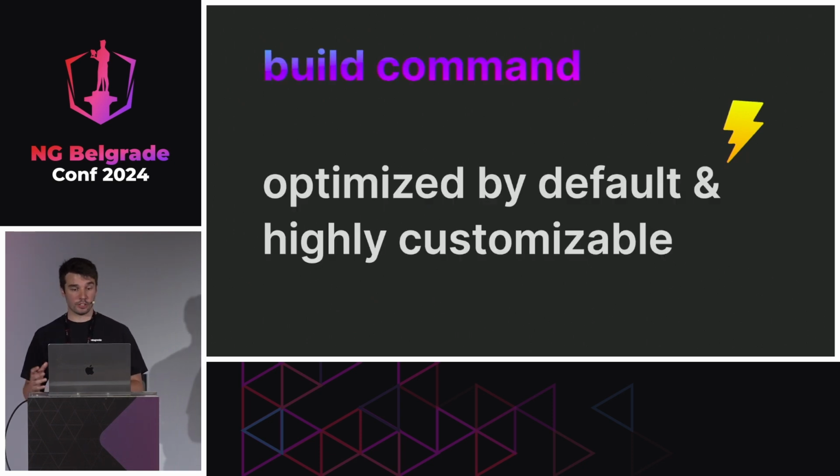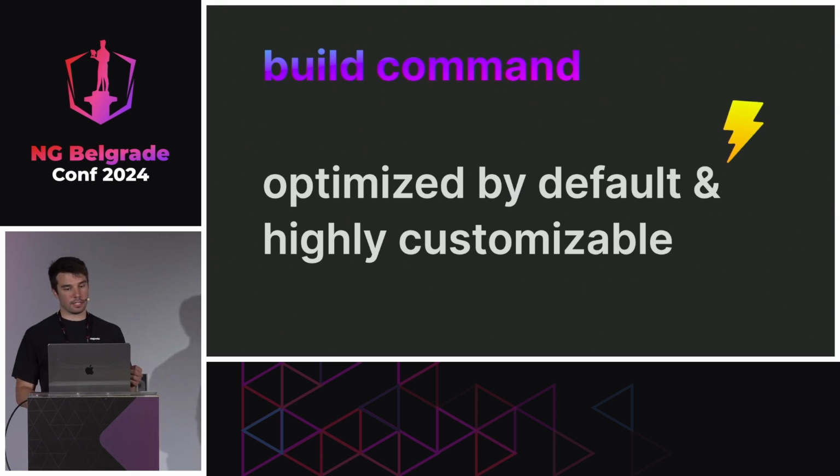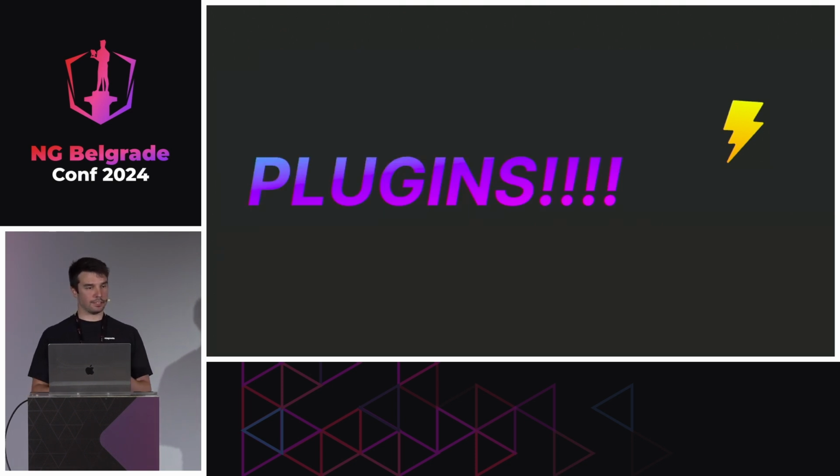But then there's also a build command, and the build command bundles your application into the artifacts that you then deliver to your clients. Vite's build command is built on top of Rollup, and it's optimized by default, so you get pretty good performance and bundle size by default, and it's highly customizable. That's actually what makes it so interesting for people to develop on, because it has plugins, right?